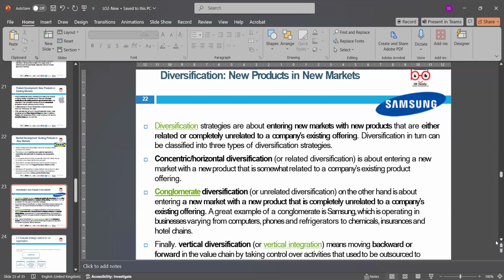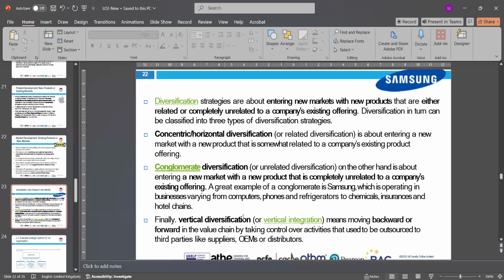Then there is vertical diversification. We call it backward or forward integration. What happens in that case? In the supply chain, you take the raw material, then process it, make the final product, and then send your product to the shops, to the retailers, to sell it. With backward integration, maybe you have started producing your raw material yourself.